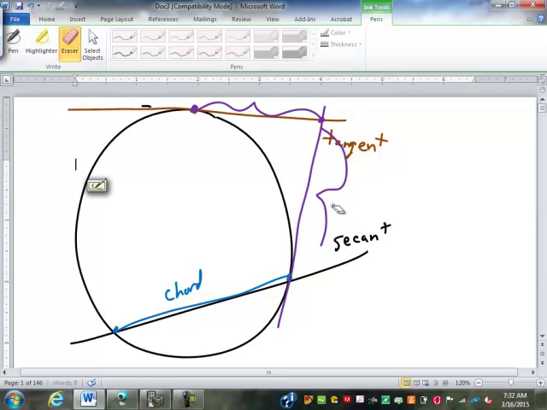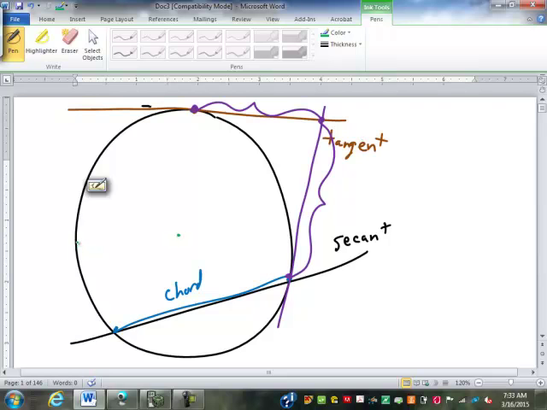Let's try that again. It should also be this length here, if that's the point of tangency, would be the same length. So when we're looking at tangents, that's one of the things we look at. One of the important features of them is the distance or the length between that point of tangency and the intersection between some other feature. That'll be important coming up.